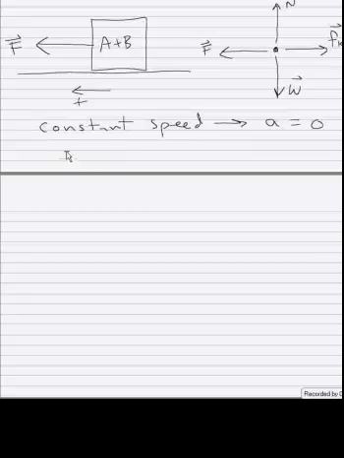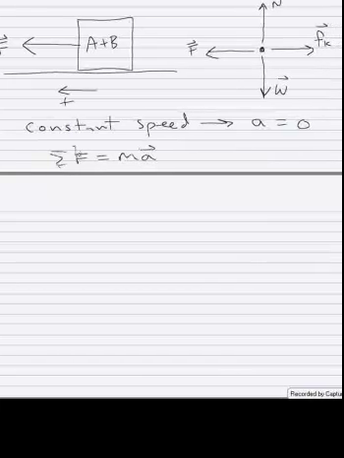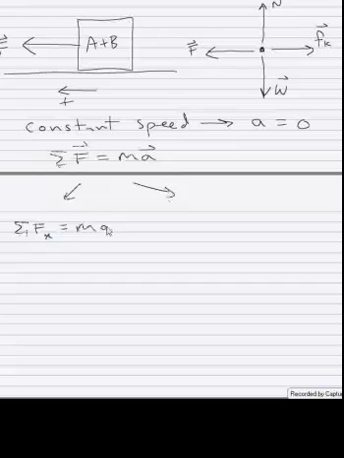So I have a vector equation, sum of the forces equals ma, and I break that up. Sum of the forces in my x direction and sum of the forces in my y direction. And I'll call this my x direction, and I'll call the perpendicular direction the y direction.